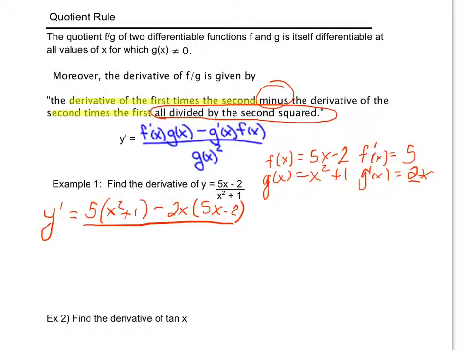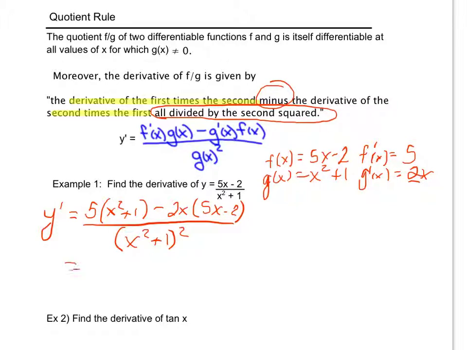And my second function was x squared plus 1. I'm going to go ahead and clean up the top a little bit because possibly some things will combine or drop out. I'm going to leave the bottom. I don't see any benefit to me foiling that out.